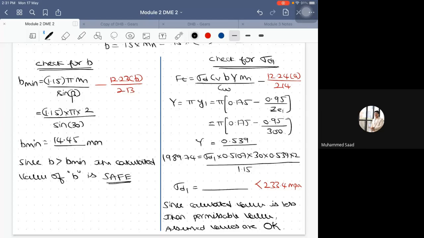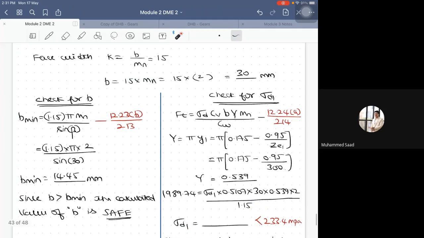Now, substitute all the values in the above equation 12.24, which I have done here. Calculate the value of sigma D. Check whether it is less than 233.4 or greater than 233.4. If it is greater than 233.4, again a huge burden for us. You have to go there and increase the module to 2.5 or 3, referring the table.